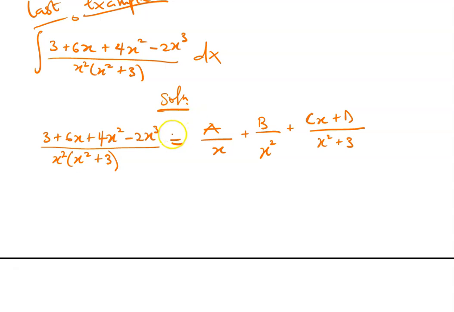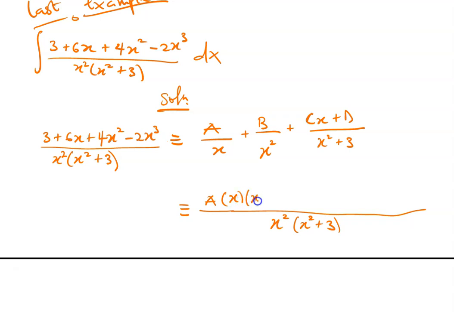At this point, I can simplify the left hand side. I have x squared into brackets x squared plus 3, and it is identical to the right side. So I'm going to have A into brackets x multiplying x squared plus 3. If you want to know the common factor, you write the denominator x squared into brackets x squared plus 3, then divide it by the denominator of the A alone.